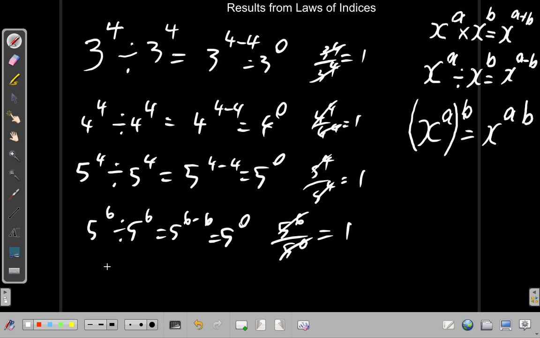Let us say you have a general number x raised to the power of a, divided by x raised to the power of a. What you have is x raised to the a minus a, but then this is x raised to the 0, and by the arguments that we had here, x to the 0 is supposed to be 1.